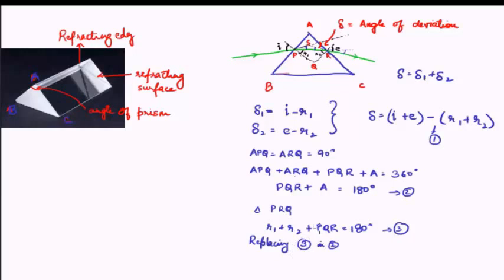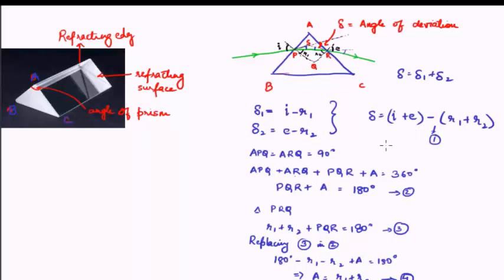Replacing the PQR from 3 in 2 will give us 180 degrees minus R1 minus R2 plus A is equal to 180 degrees. This will imply A is R1 plus R2. Let's call it equation number 4.